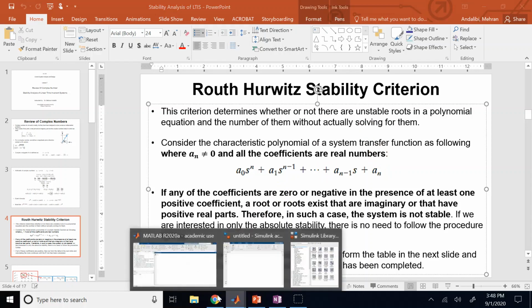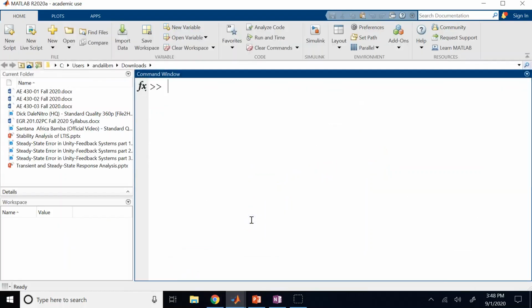Let's say the polynomial that I have is of order 5. So we have s to the 5, then 2s to the 4, then s cubed, then 4s, and let's say a constant, so s to the 5, 4, 3, 2, 1 and the constant.